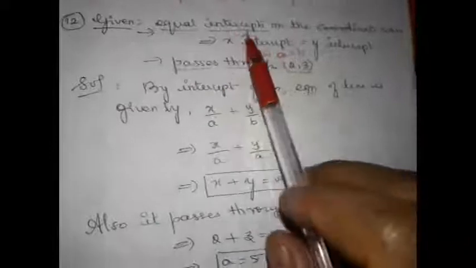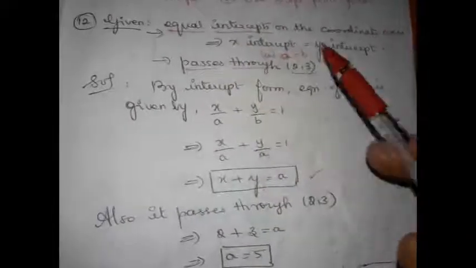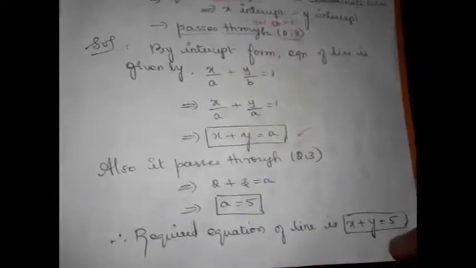So x + y = 5 is the equation of our line. Since they spoke about equal intercepts, go with the intercept form, A equals B. So you will get our equation, but to find A, they have given you another clue that it passes through (2, 3). Substitute, get the answer for A and resubstitute it. That will give you the equation of our required line.